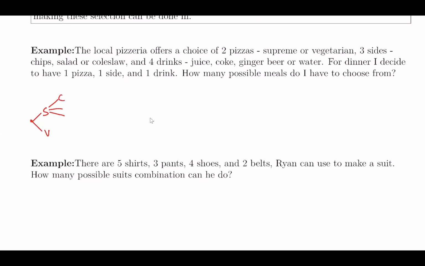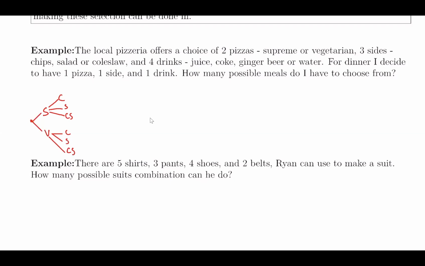So you see chips, salad, or coleslaw. So those are all. So once I choose my pizza, say if I choose the Supreme, now I have 3 options. So I can either choose chips, salad, or coleslaw.